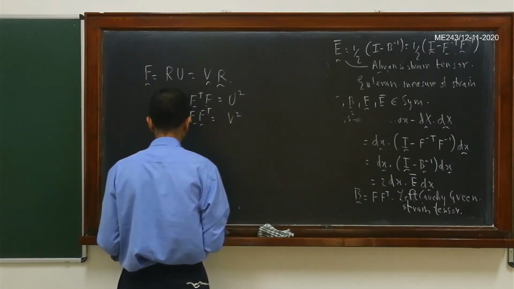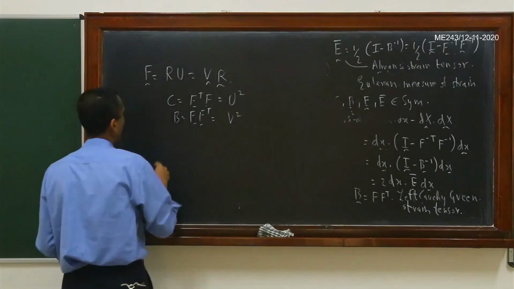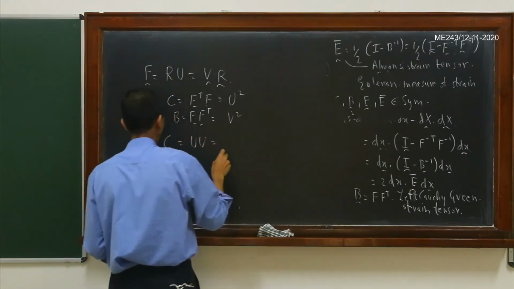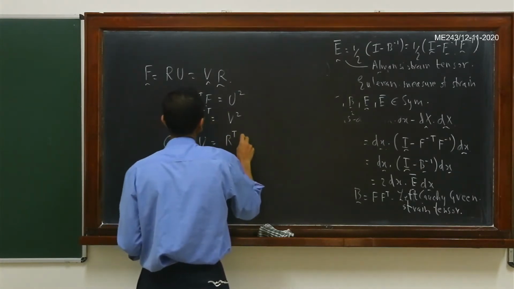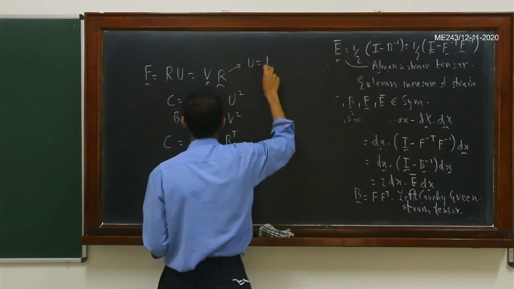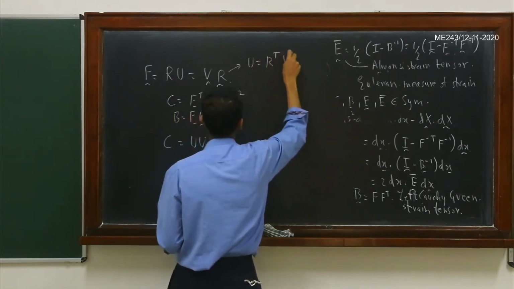We also have the relation that C is equal to U times U, that is equal to R transpose V R times R transpose V R. From this relation we have that U is R transpose V R, correct?